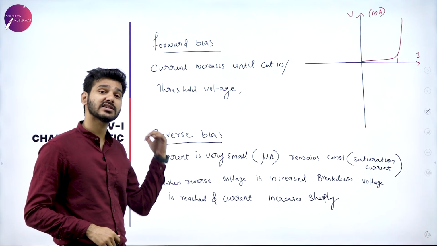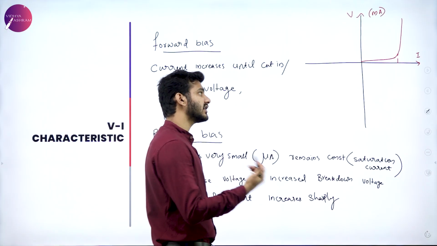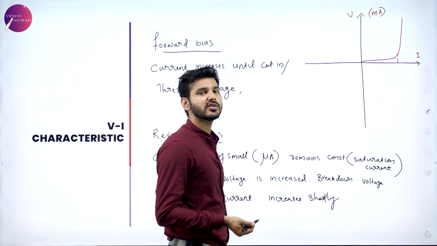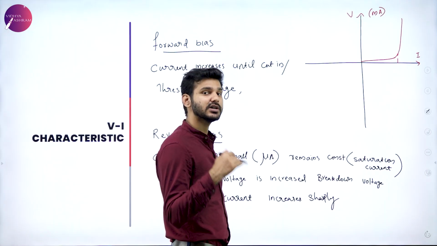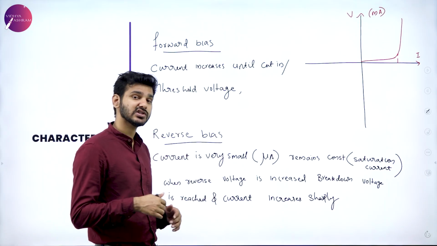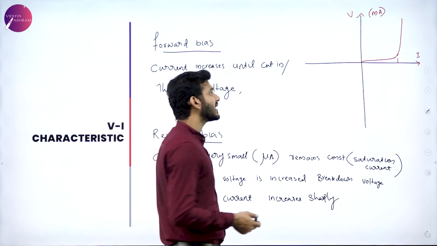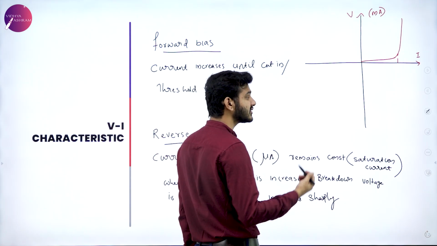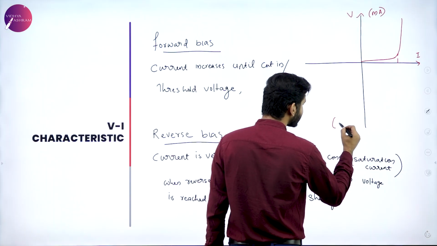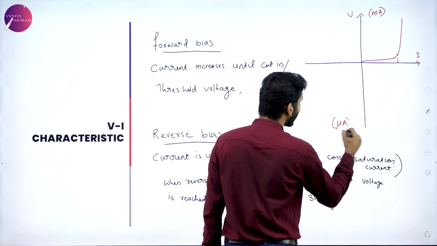Now what about when it is in reverse bias? In reverse bias only a small amount of current will be present, and it will be due to the minority charge carriers, that is, the electrons trapped on the P side. This current is very small, so we measure it in microamperes.